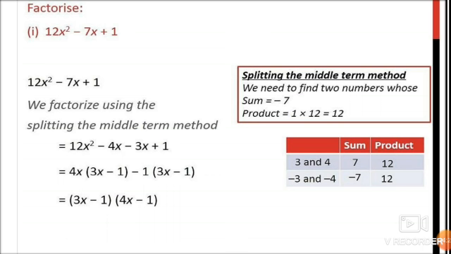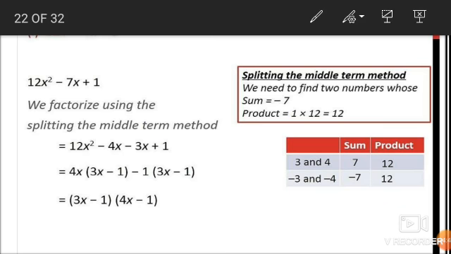In the splitting the middle term method, we need to find two numbers whose sum is minus 7 and product is 1 into 12. 1 is the last term, 12 is the first term.